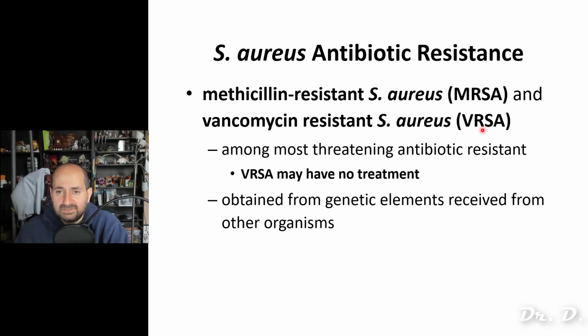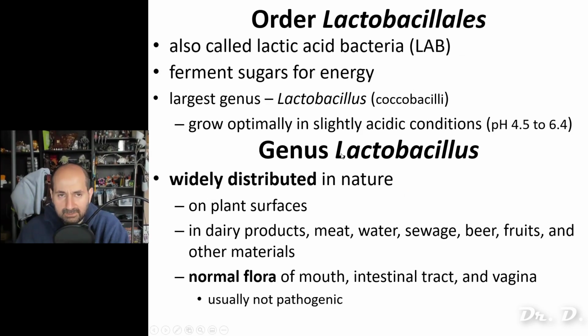These are very resistant strains of staph. You do not want to get infected, like let's say a skin infection with MRSA or VRSA, because there may be no treatment. There may be no way of even treating the skin infection, and then you may have to resort to amputations and such. They can be life-threatening.